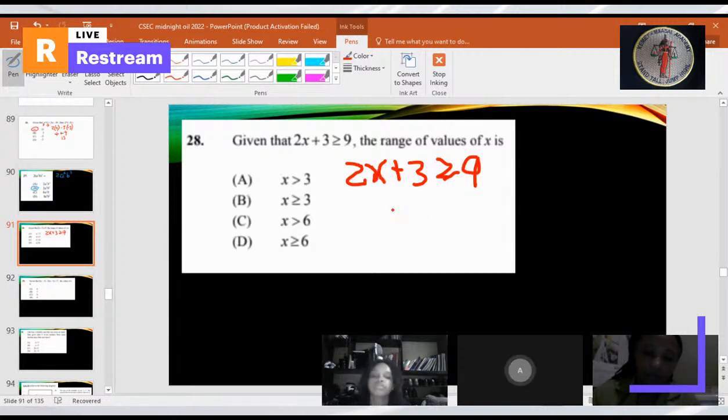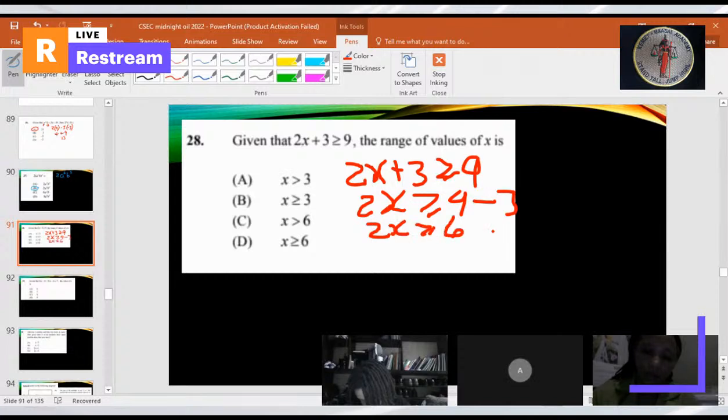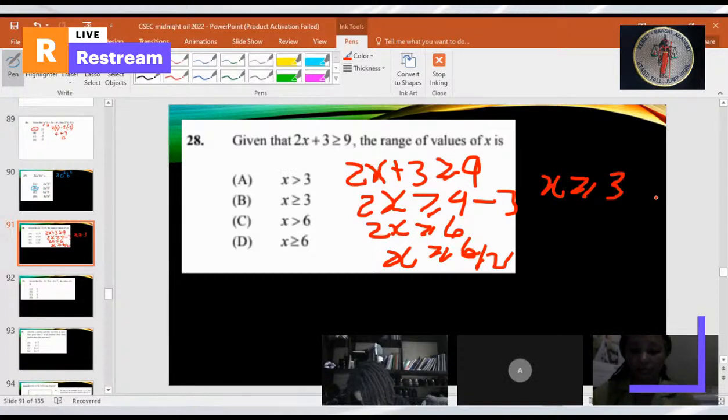So 2x is greater than or equal to 9 minus 3, so 2x is greater than or equal to 6. X is greater than or equal to 6 divided by 2. So x is greater than or equal to 3. Which letter is that? B.